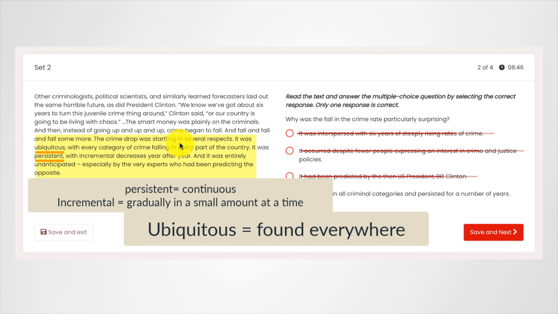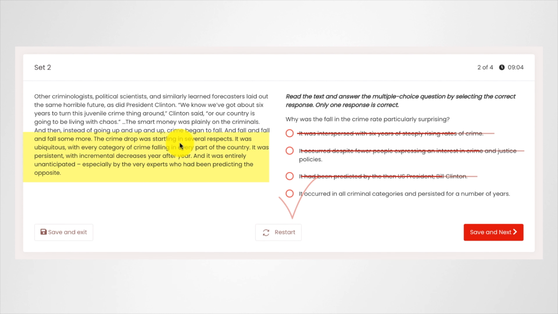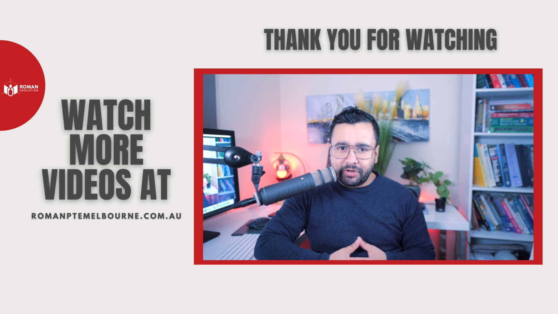So you can see that the option which contains the correct answer is paraphrasing the correct information from the passage. This is another thing to keep in mind. Most often, the correct option will be paraphrased information from the passage. And this is how you answer multiple choice questions. So that's how you do multiple choice questions.